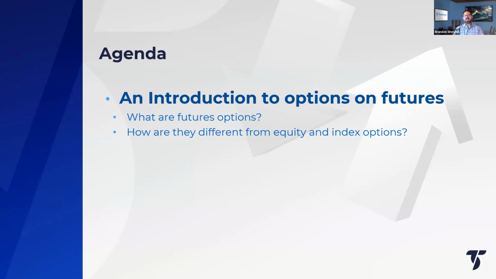We're now looking at trading options on futures, again changing the way that we look at the risk involved in the markets. Basically we'll talk about what they are, how they are different from equity and index options, and why you might be interested in trading them.